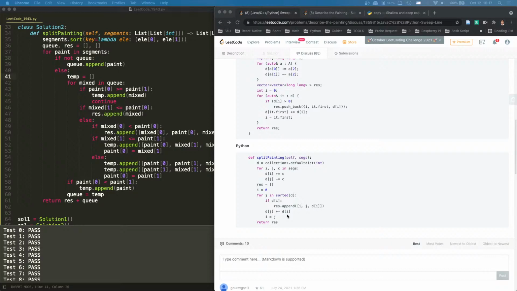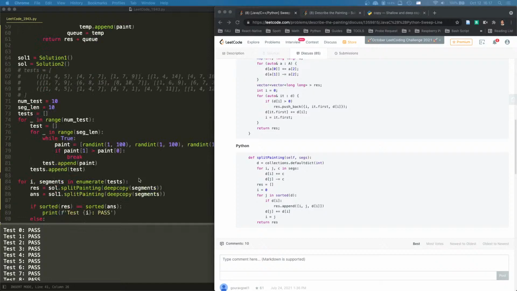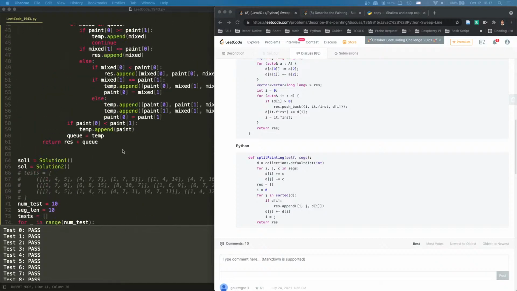You know what? Examples. Let's go ahead. 145. So this is 145. It's 477 and 179. So what we're saying is we're gonna take all these out. So at position 1, we're gonna plus c, plus 5, right? And at position 4, we're gonna minus 5.